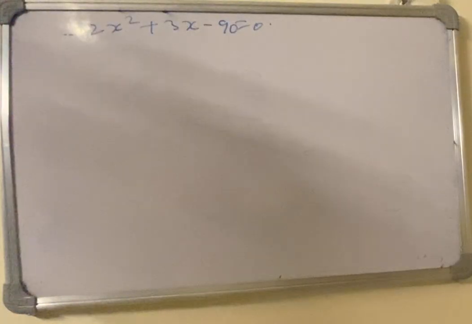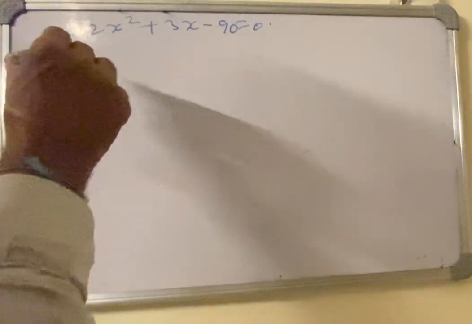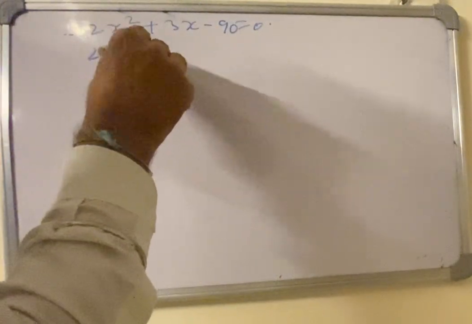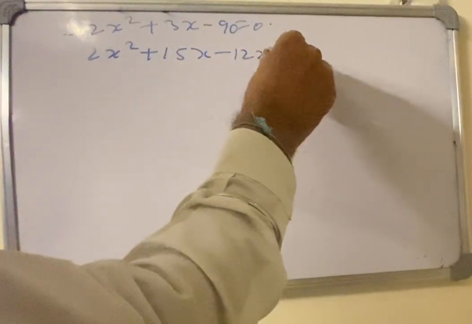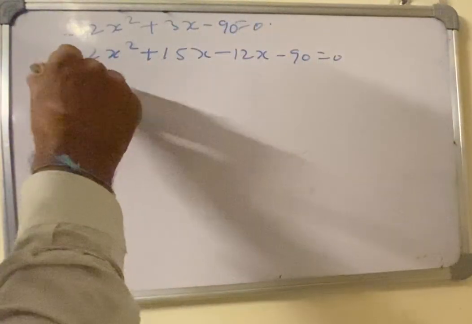Product should be 2 into 90, 180, and the difference should be 3. Note that the numbers whose product is 180 are 15 and 12 and the difference is 3. So factorize this: 2x square plus 15x minus 12x minus 90 is equal to 0.